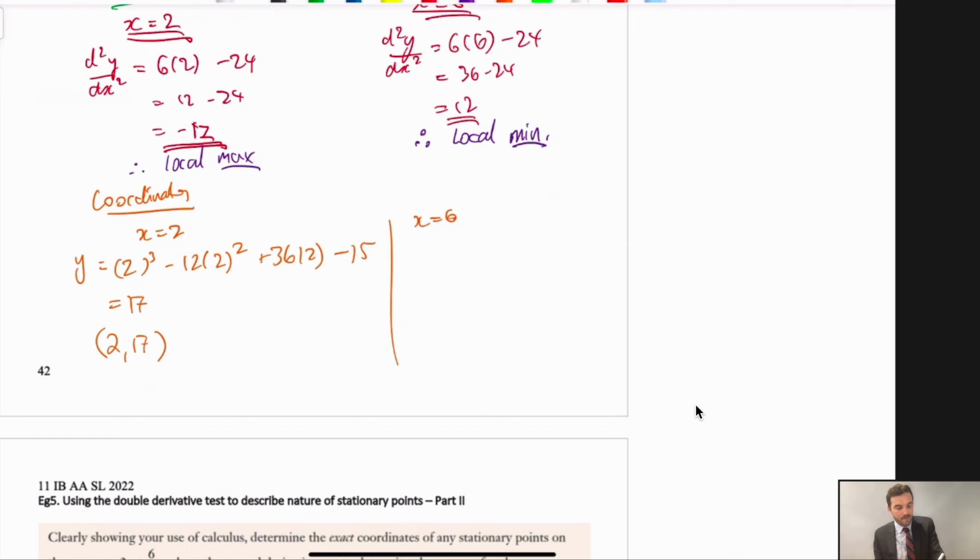And over here, y is equal to, putting 6 in instead, 6 cubed take 12 lots of 6 squared plus 36 lots of 6, take 15, all fun, negative 15. So our coordinate is (6, -15). So there we go. We've found this, and we can just reinforce the fact that this one here is the max and this one here is the local min.